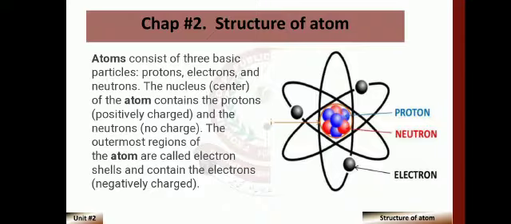As we know, an atom consists of three basic fundamental particles called protons, electrons, and neutrons. The nucleus, known as the center of the atom, contains the protons, which are positively charged, and the neutrons, which have no charge. The electrons rotate in their shells and are negatively charged.